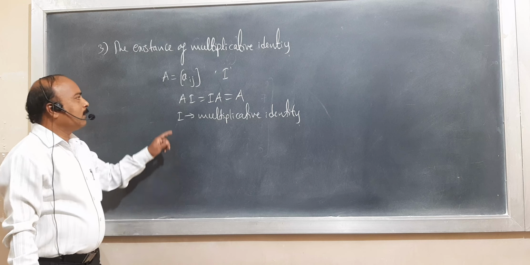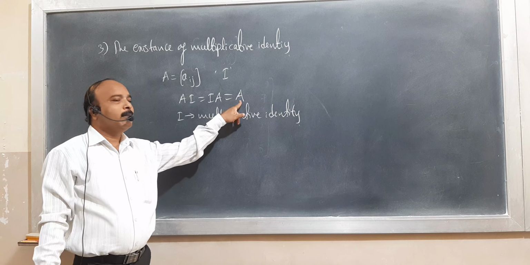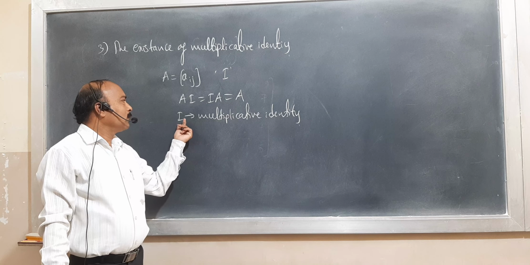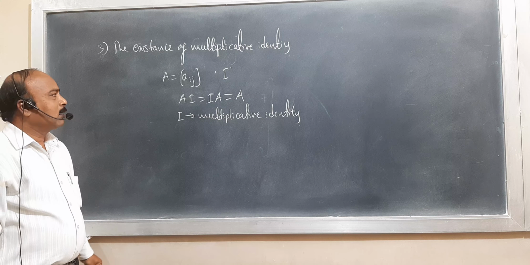That means if you multiply A with I or I with A, you get the matrix A only. Therefore this I is considered the multiplicative identity element.